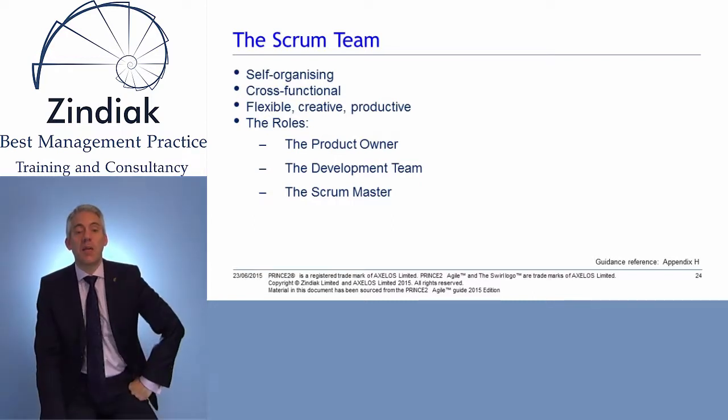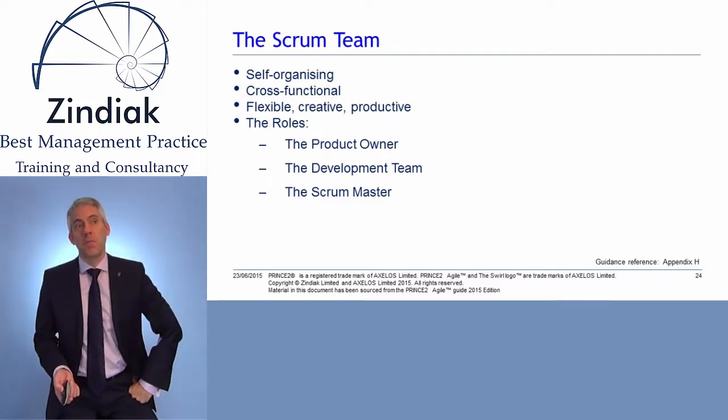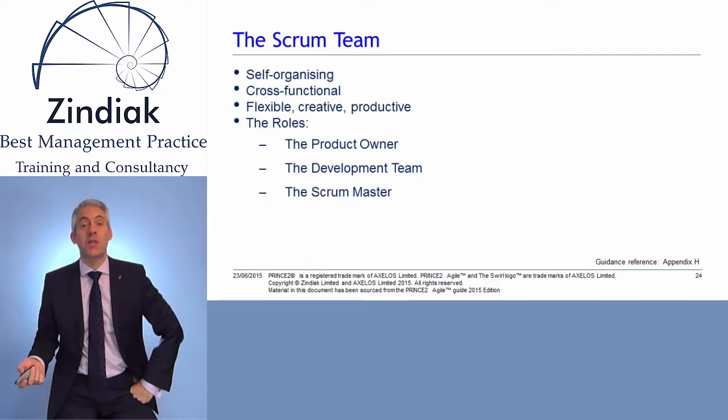The development team has only one role: developer. But it is cross-functional, so there may be a number of skills represented on the development team, a number of job titles within the organisation represented on the Scrum team. But on the Scrum team, every development team role is a developer.